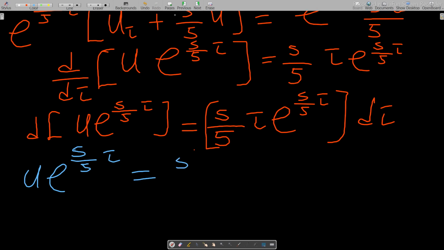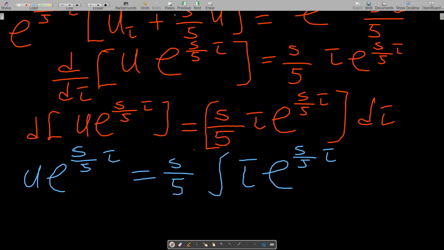You get s over 5, then integral of tau e to the power s over 5 tau d tau. Okay, so let's go and do the integral of that and come and put it in.